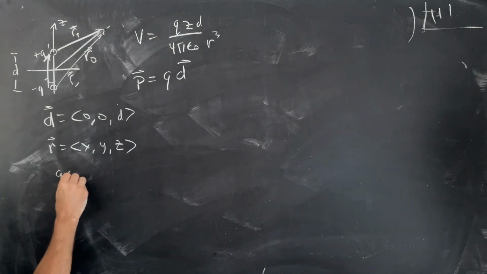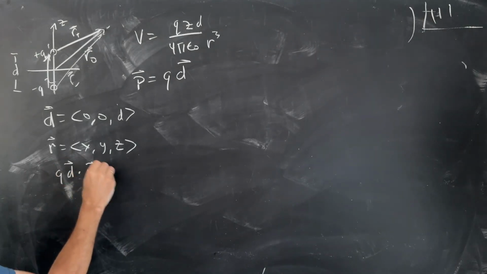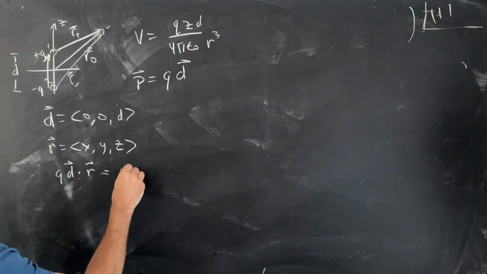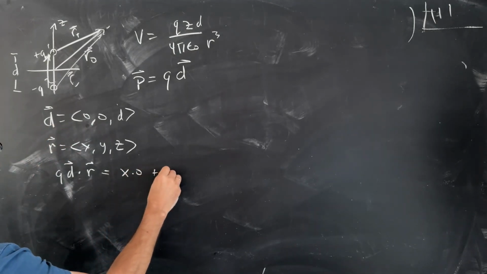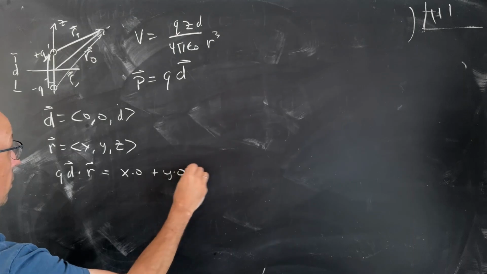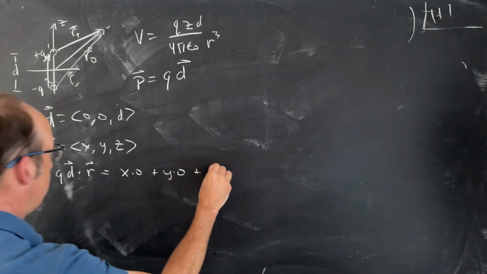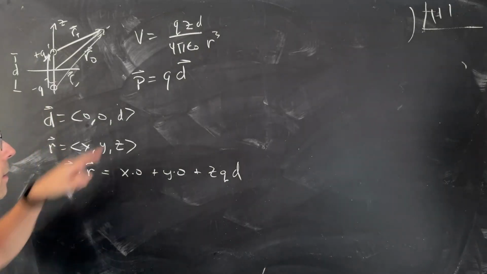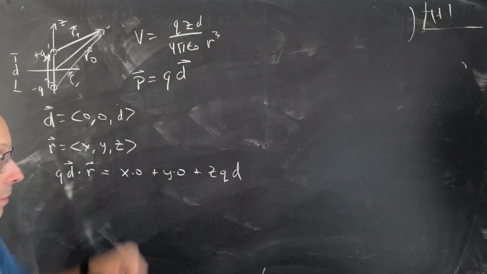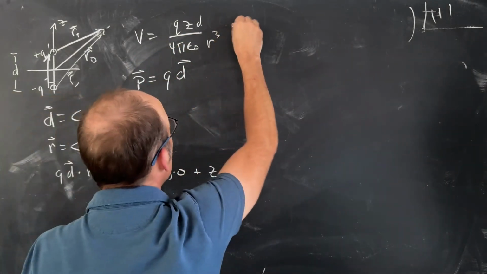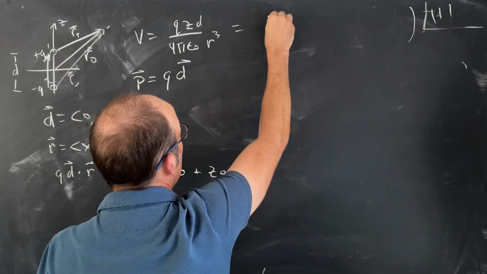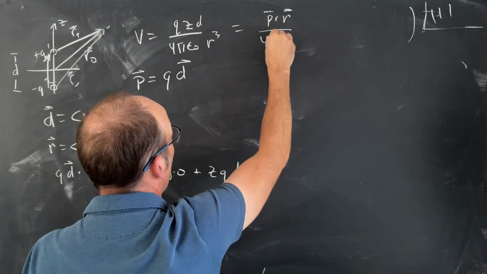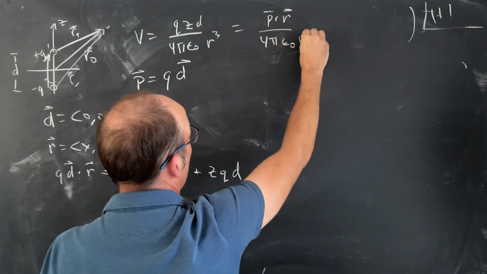So Q D dot R is going to be equal to, in this particular case, X times 0 plus Y times 0 plus Z times Q times D. That's what that is. So I can write this as P dot R over 4 pi epsilon naught r cubed.